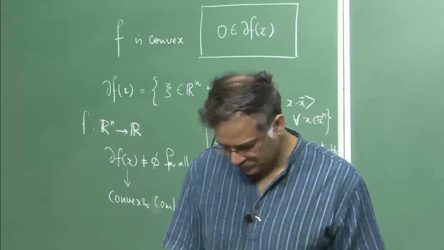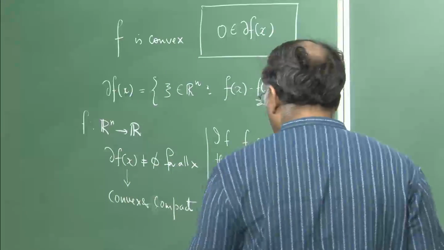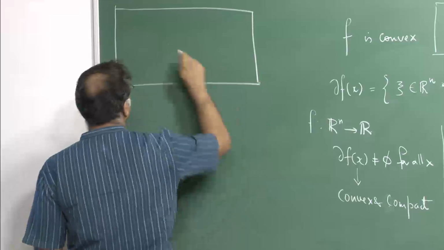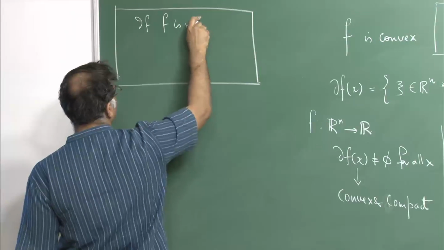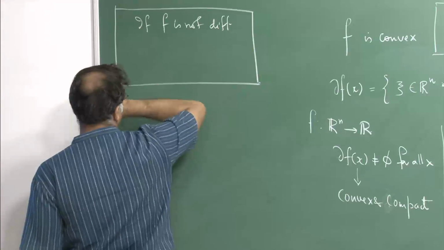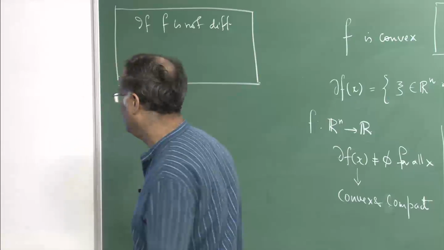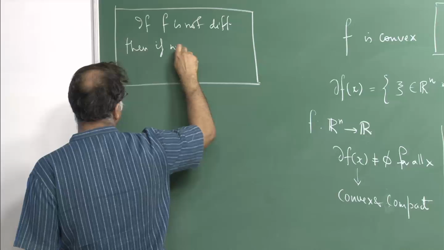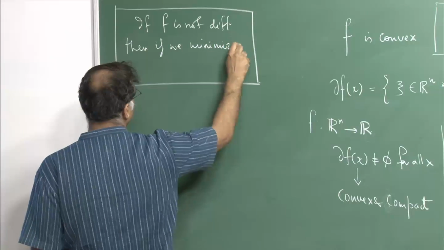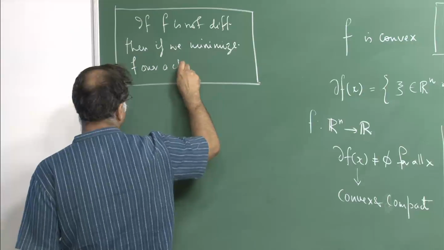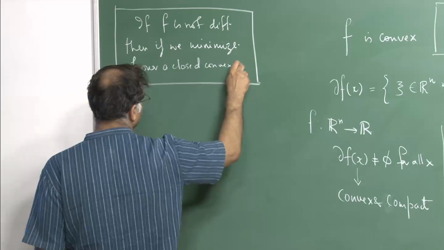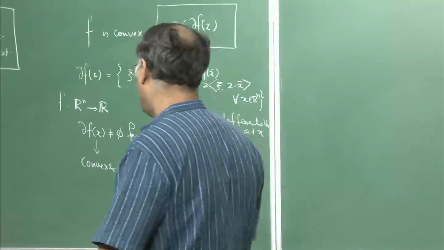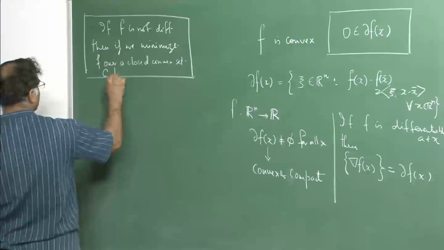Of course, I now leave it to you as homework, and I will put it up in the FAQs on the course website: if f is not differentiable, meaning it does not have a derivative at every point, and we minimize f over a closed convex set C, then what is the necessary and sufficient condition?